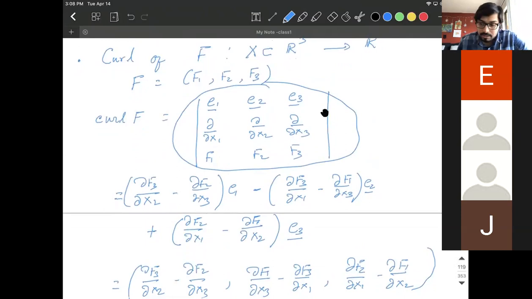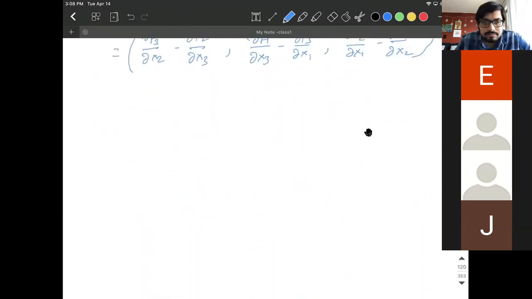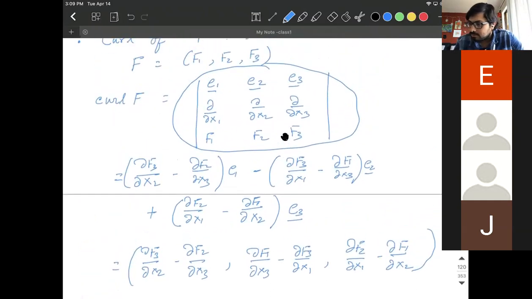Remember that this is not really a determinant, it's just a way to remember the formula, that's it. Are the derivatives flipped in the second term? Yes, because we have a minus sign. If you follow the definition of determinant, there's a minus sign here.